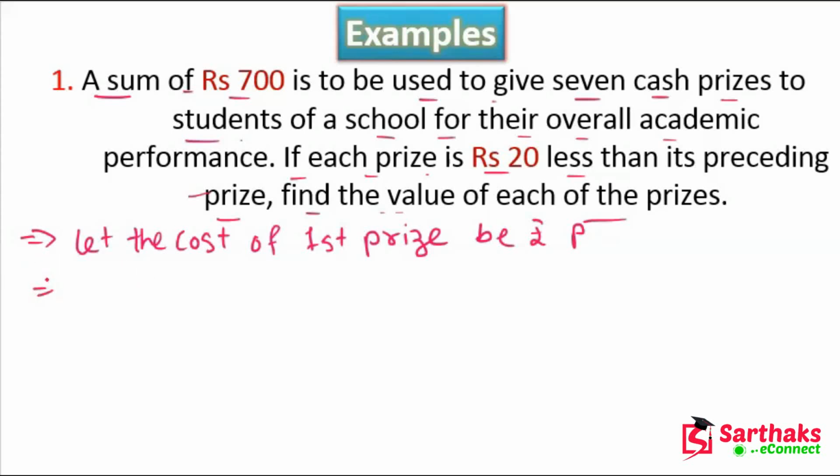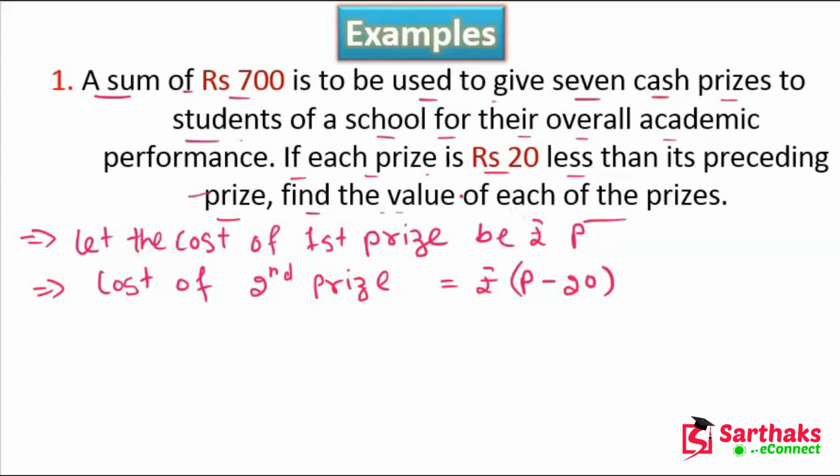Now the cost of the second prize is equal to rupees p minus 20. Why? Because the question says each prize is 20 rupees less than its preceding prize, so here we are subtracting 20 from p.